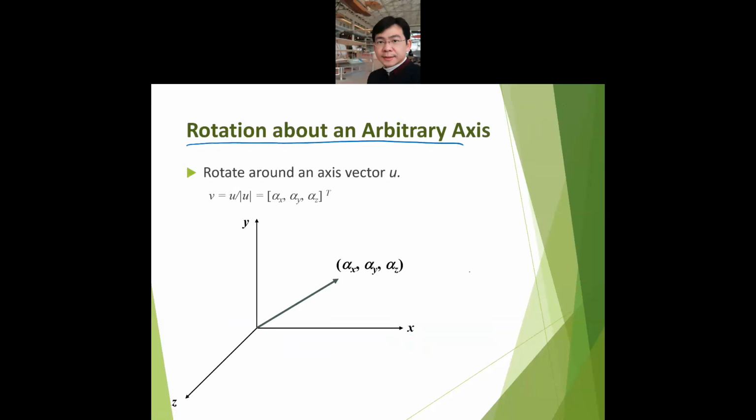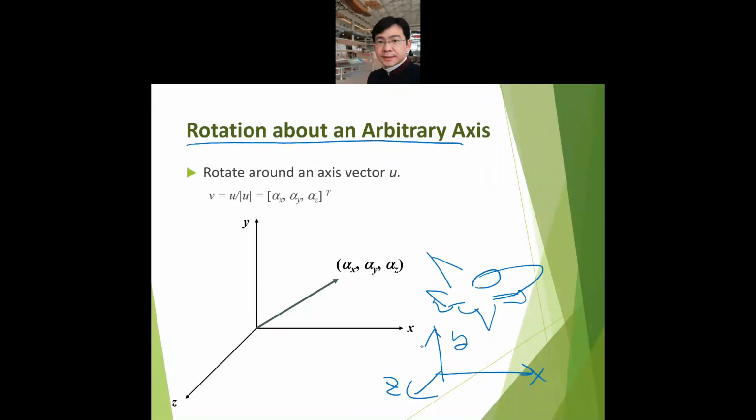For instance, when you have an airplane here, this is the world coordinate x, y, and z, right?